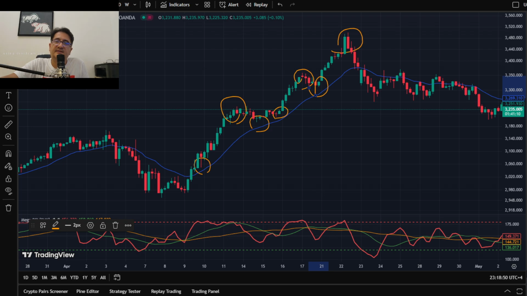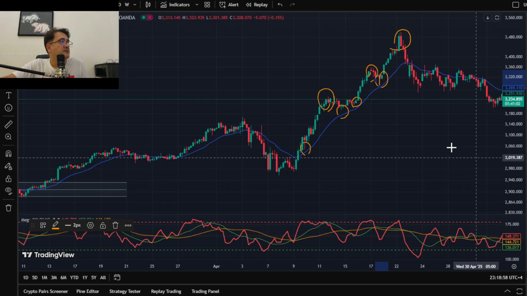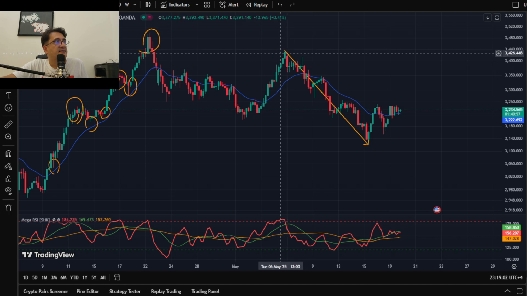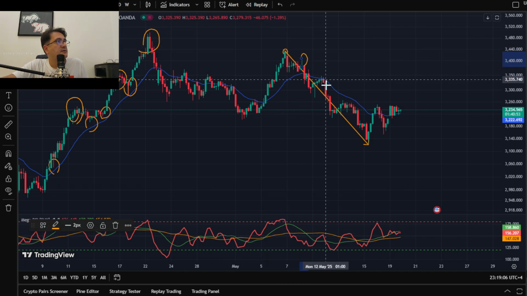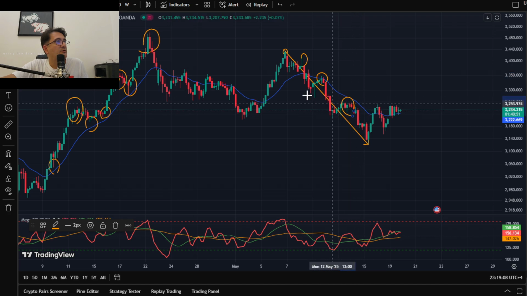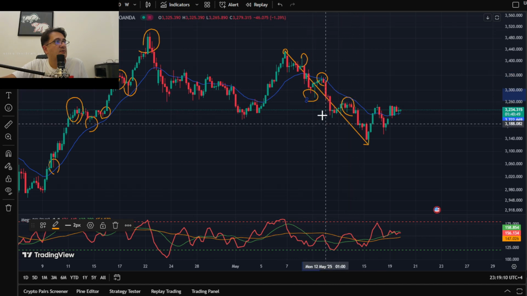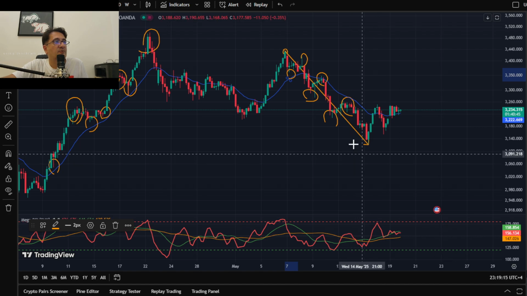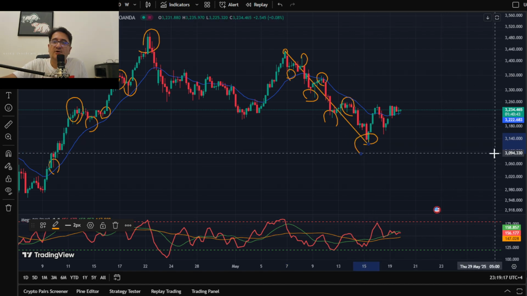A downtrend is the opposite way. A downtrend shows prices falling with lower highs and lower lows. So if we want to show it here, you can see this is a high, lower one, lower one, lower one, and the lows here, here, here, always lower than the previous one.